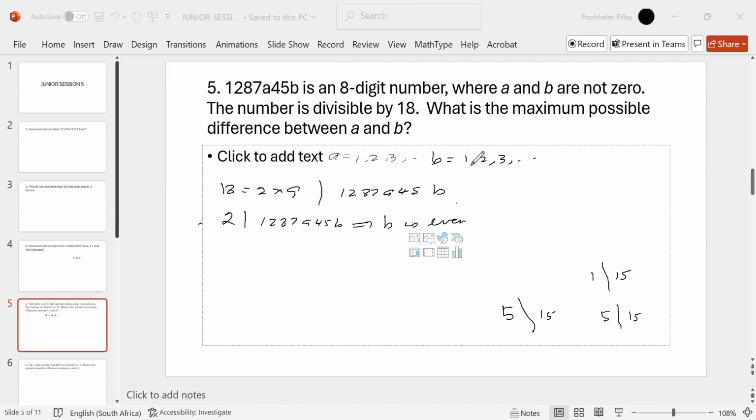But B can't be 0. So therefore B is equal to one of these numbers, 2, 4, 6, or 8.